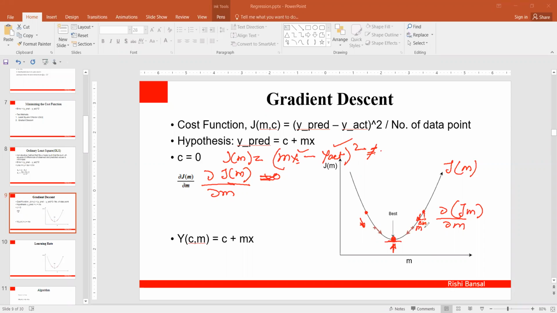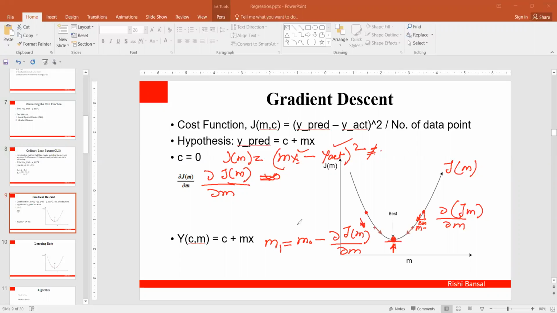If you want a new m value, suppose after the first time, this is iterative. Gradient descent is an iteration we do. So the next value of m, suppose m1, is your m0 minus this one.